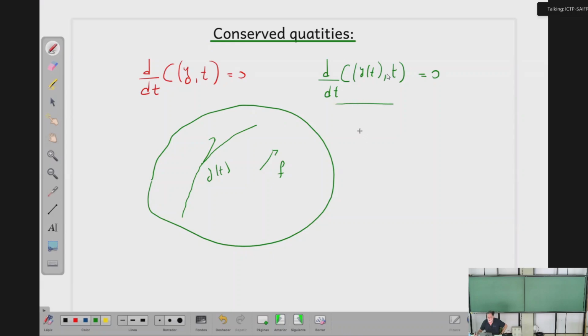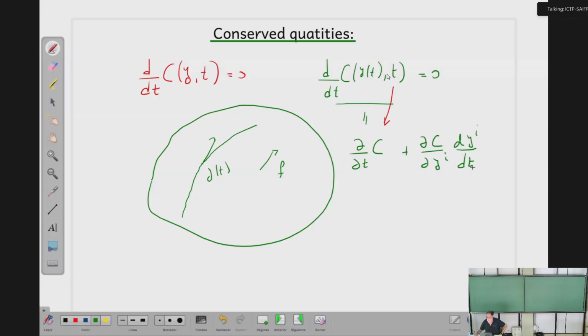I can write this as the partial derivative with respect to t of C, plus the derivative of C with respect to yi times the derivative of yi with respect to t.